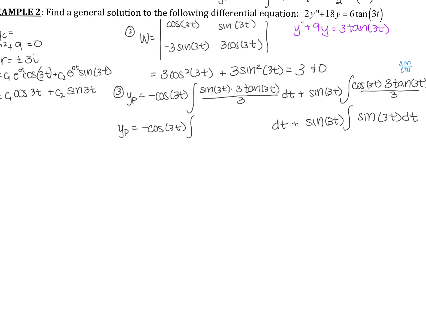So let's pull to the side and let's look at this first integral. Okay, I'm coming all the way over here. So we're going to show you first, if we were dealing with the integral of the sine of 3t times the tangent of 3t. Those 3's cancel out, so those go away, but the coefficients.